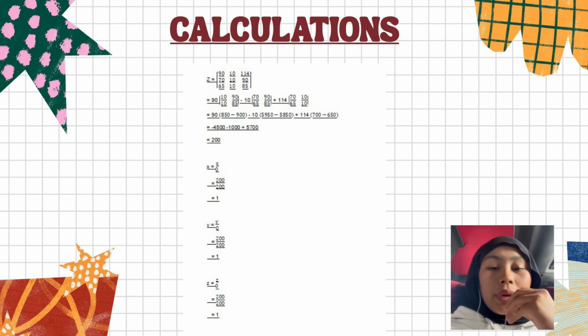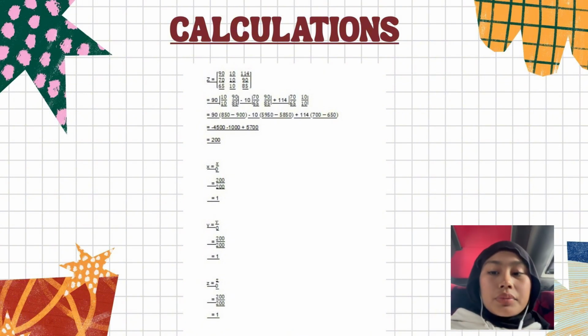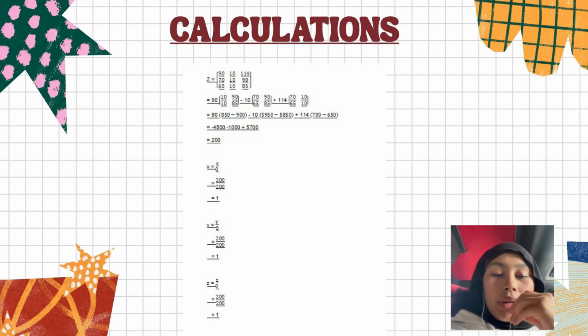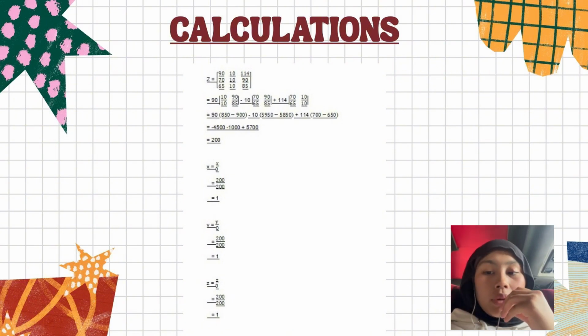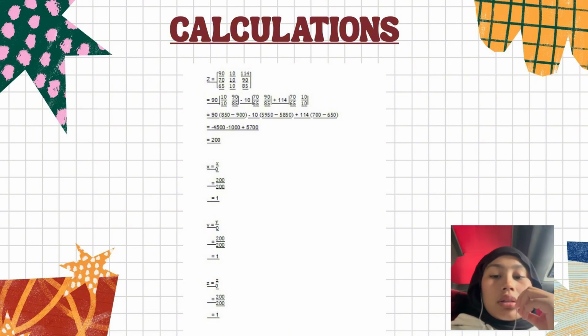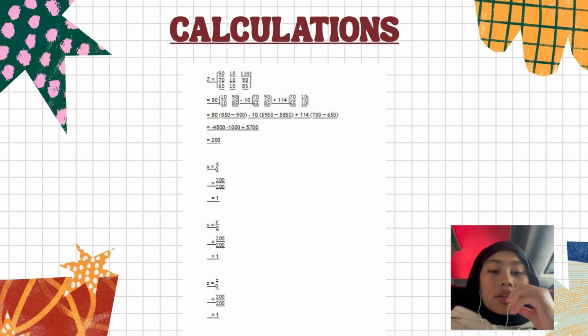Next, I apply the formula from Cramer's rule to find each variable by dividing the corresponding determinant by D. So x equals Dx divided by D, y equals Dy divided by D, and if applicable, z equals Dz divided by D. Finally, after performing all the calculations carefully, I obtain the values of the variables. That's how I solve the system using Cramer's rule.